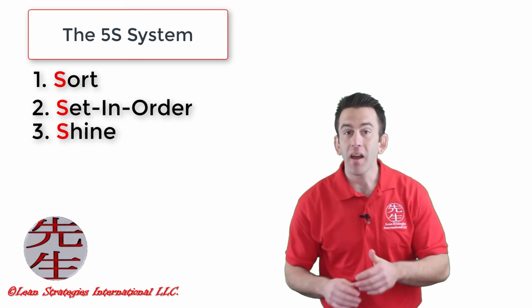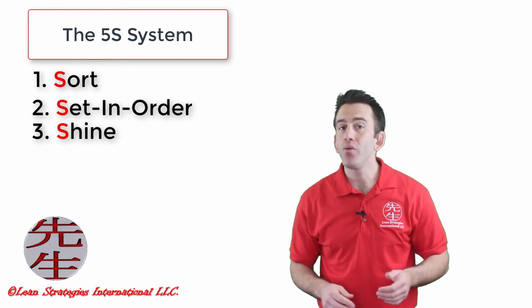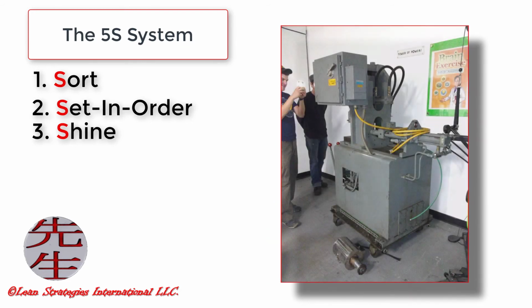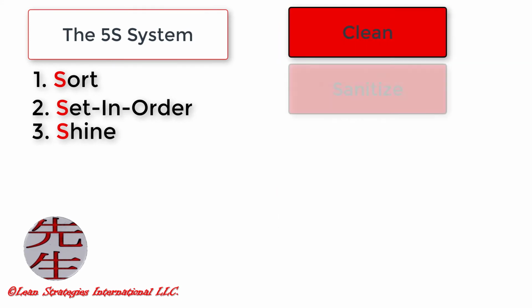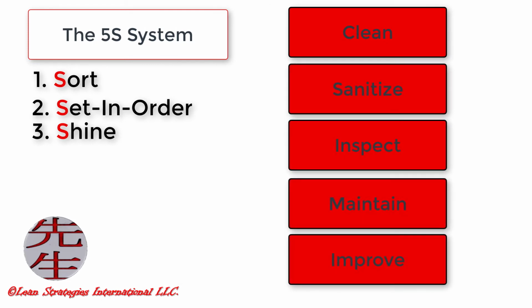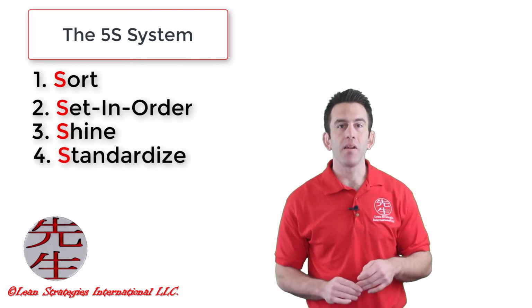After sorting and setting the area in order, cleaning is not too difficult, but let's remember that this third stage is not just focused on cleaning. In fact, there are 5 very important aspects associated with the shining stage of 5S, which you will learn about in the coming lectures. Next, we begin to standardize the area.